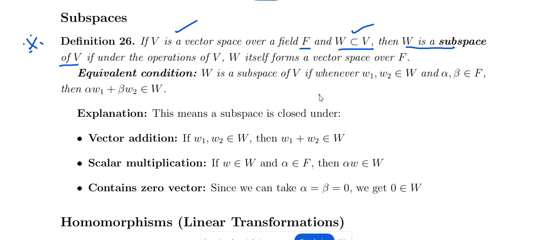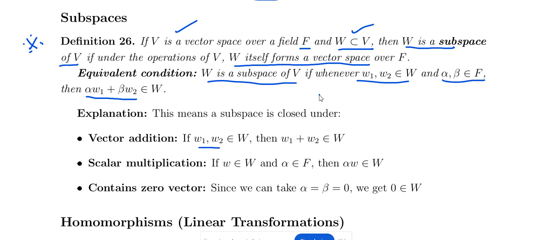So under the same operations, W itself forms a vector space over F. So W is a subspace of V if whenever w1, w2 belong to W and alpha, beta belong to F, then alpha w1 plus beta w2 should belong to W.